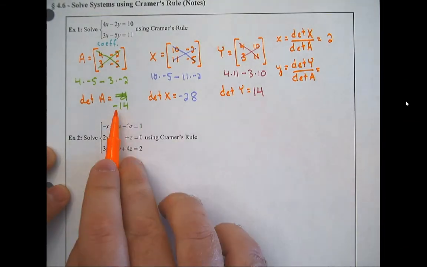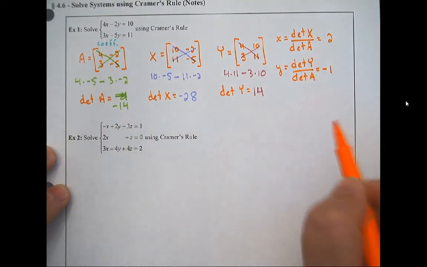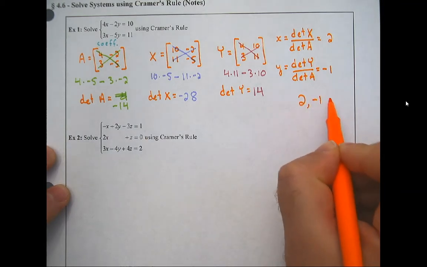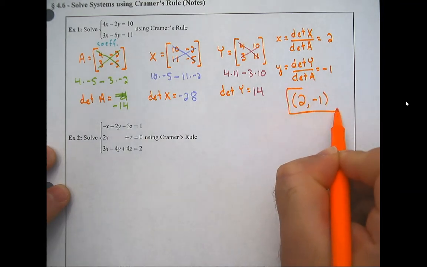If we take 14 and divide it by negative 14, we would get a negative 1. And so our little x would be 2, and our little y would be negative 1.